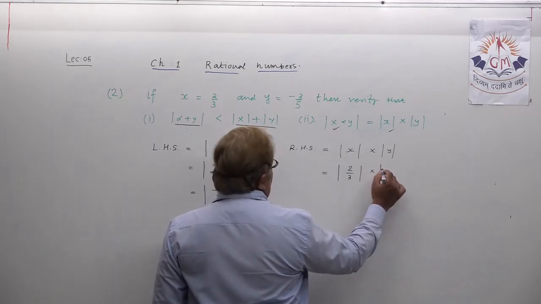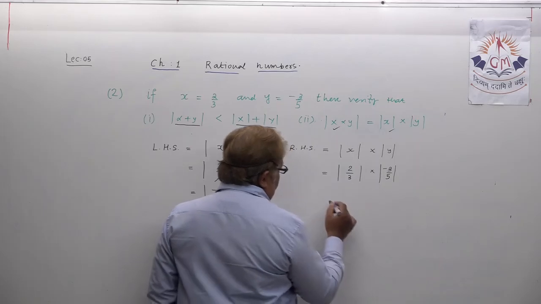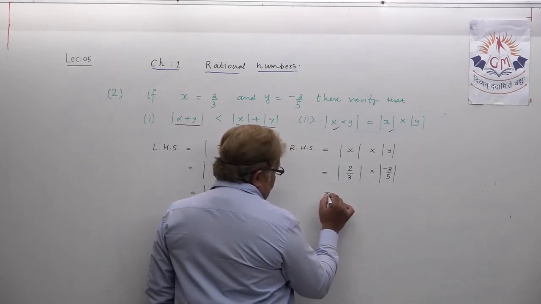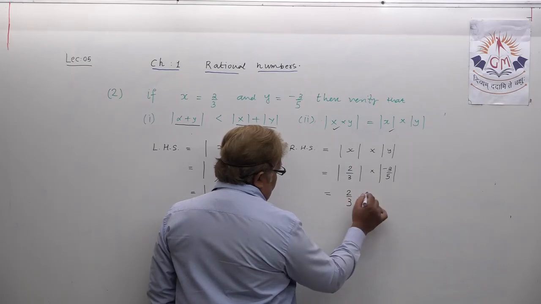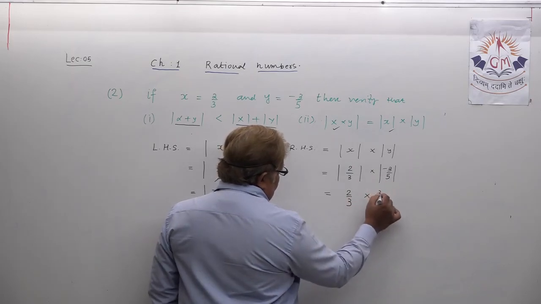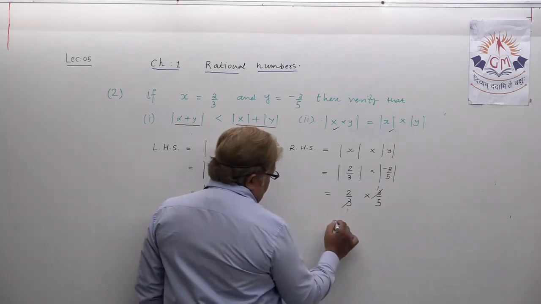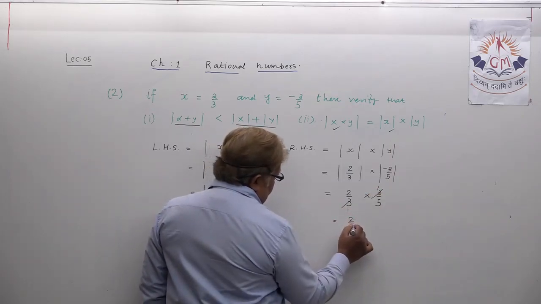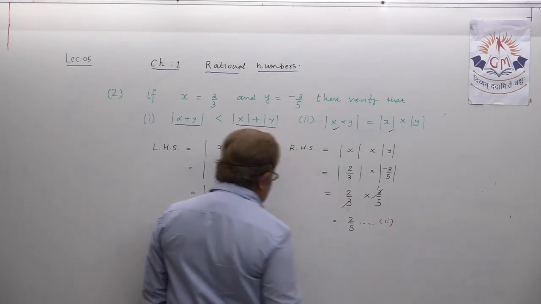Value of y, what is that? Minus 3 upon 5. Take their absolute values. This would be 2 upon 3 and this would be 3 upon 5. Just cancel it. The answer turns out to be 2 upon 5. That's result number 2.